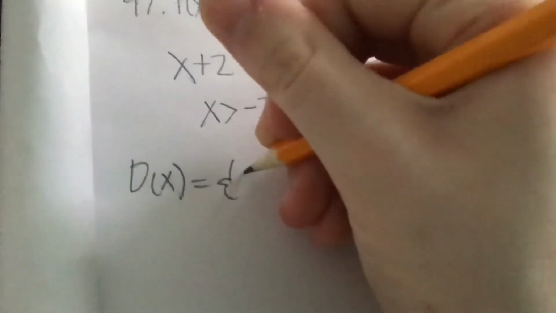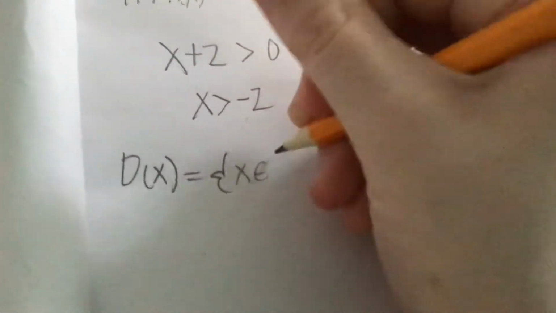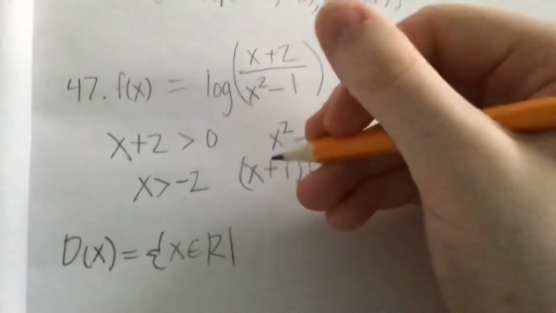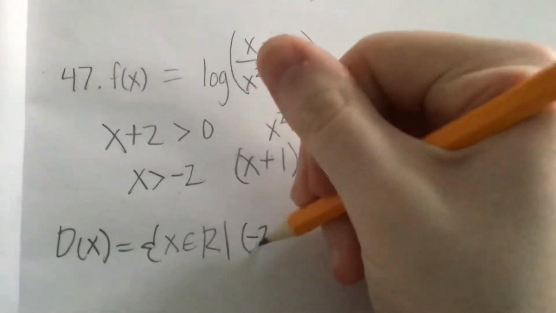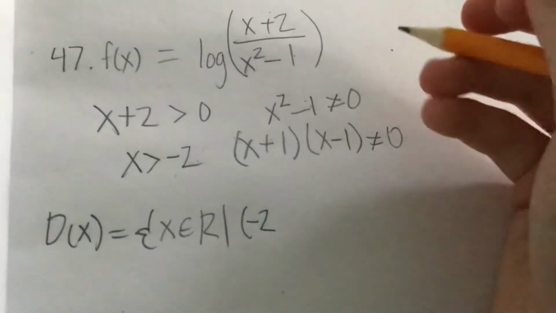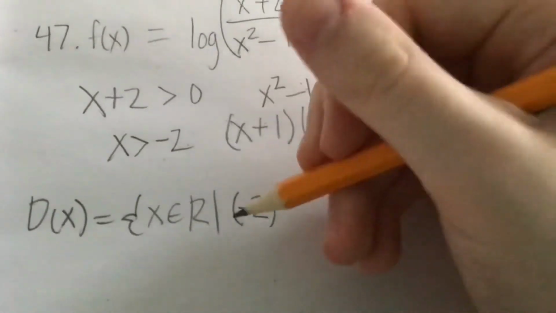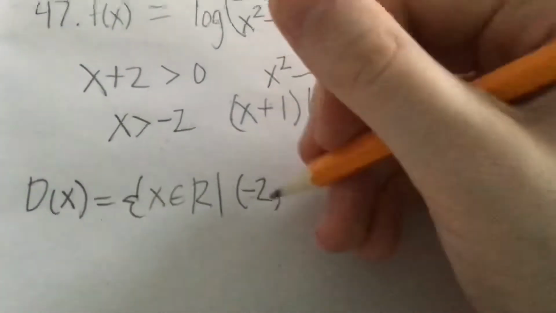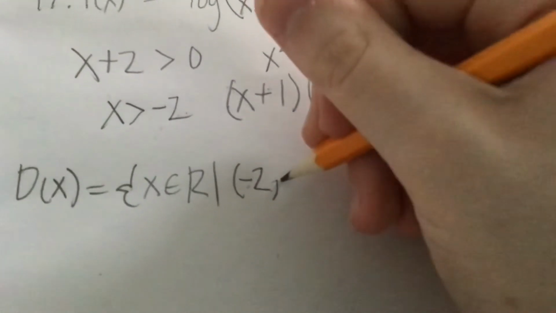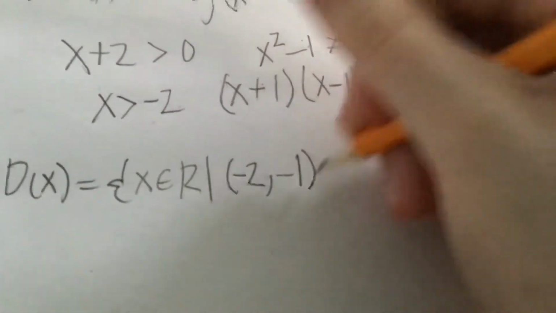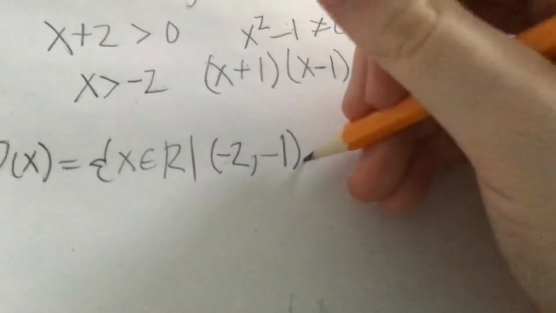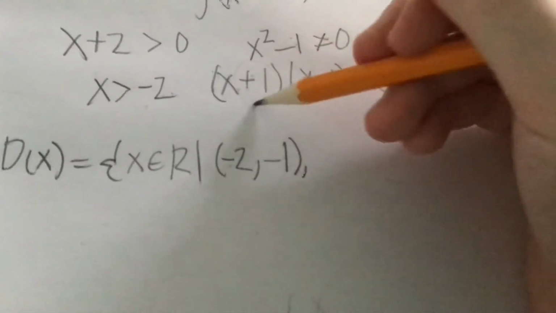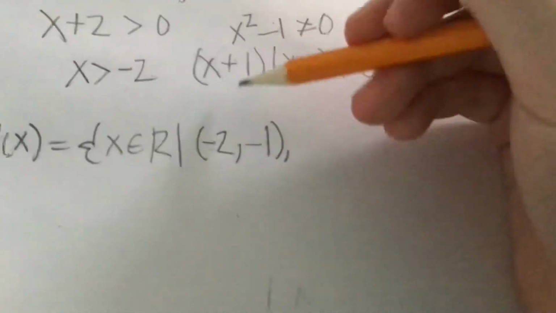Equals the set of real numbers where x is the set of real numbers, the set starts negative 2, negative 1, okay? And then, see, we just use a negative 1. It's actually this negative 1. This turns to negative 1.